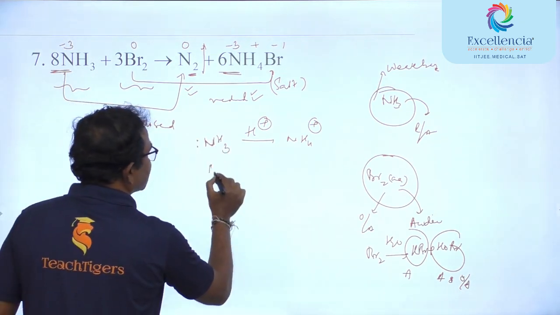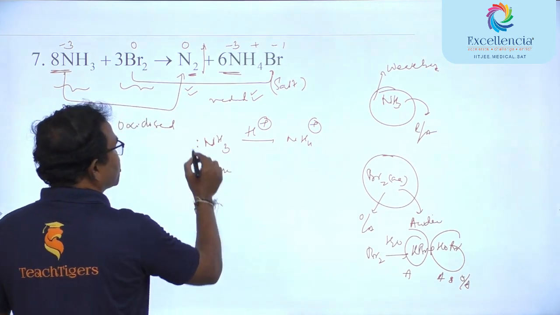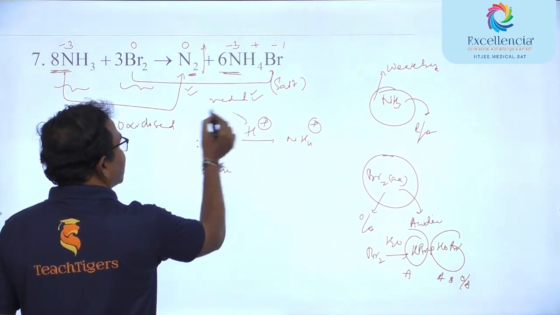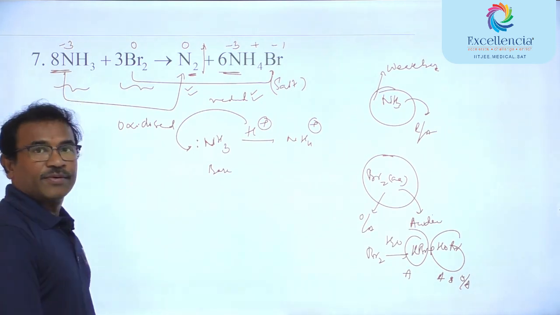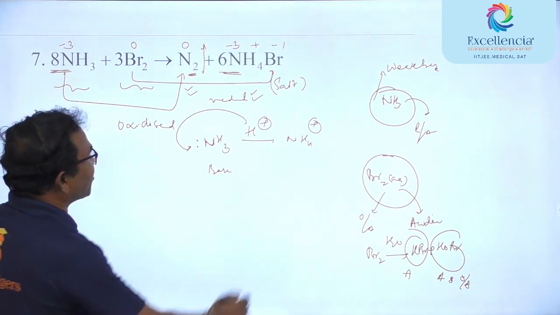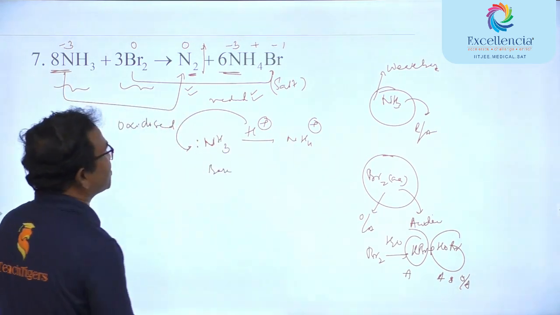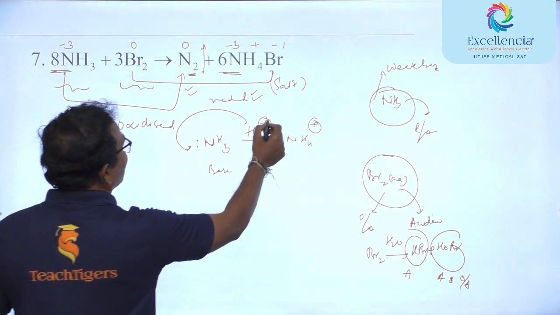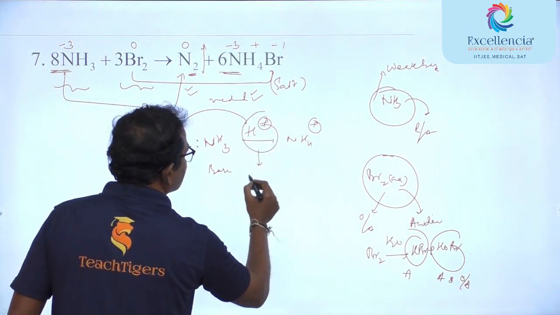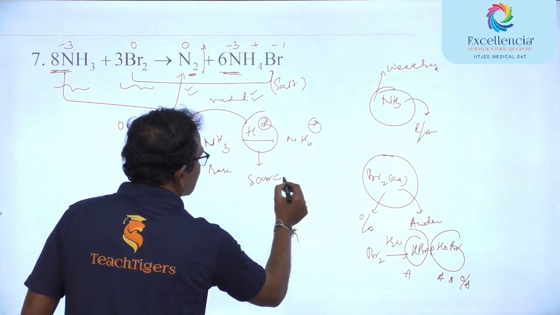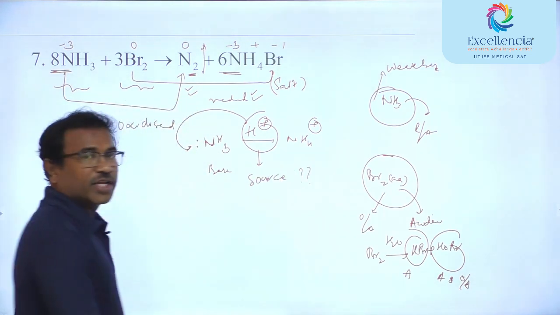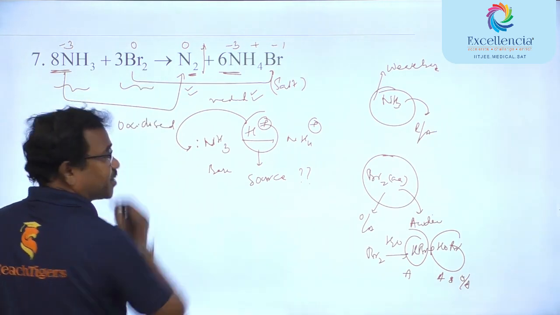This we know is a base, right? So definitely, this H plus combines with the lone pair of electrons, giving rise to ammonium, so ammonia is a base. Now, where is this H plus coming from? Where is the source? The source must be somewhere here.